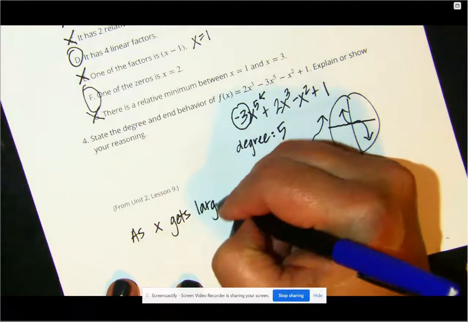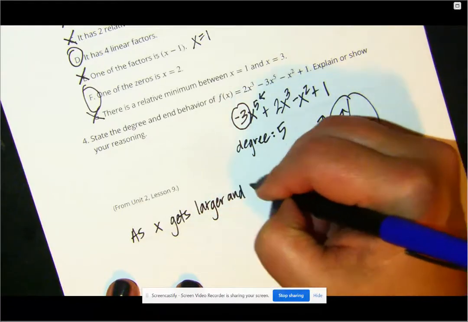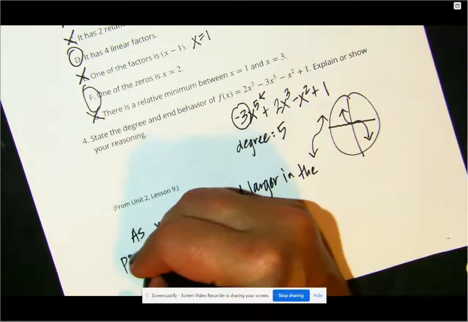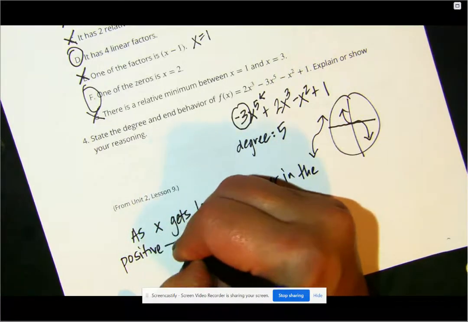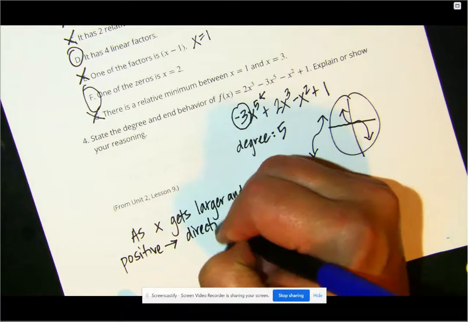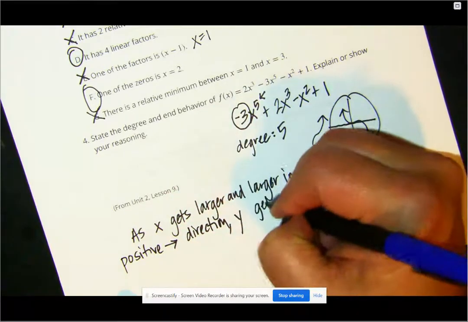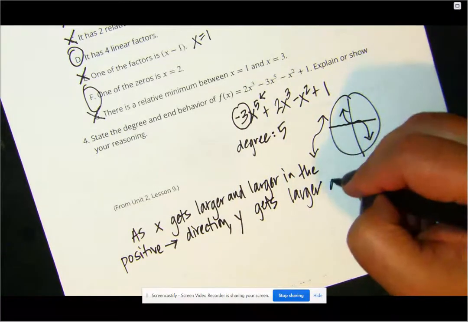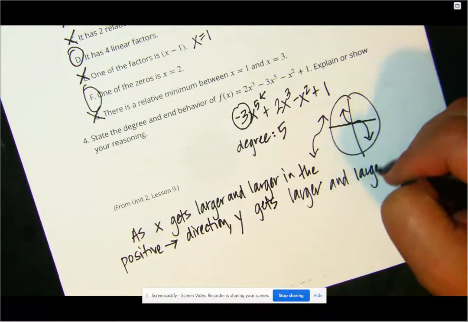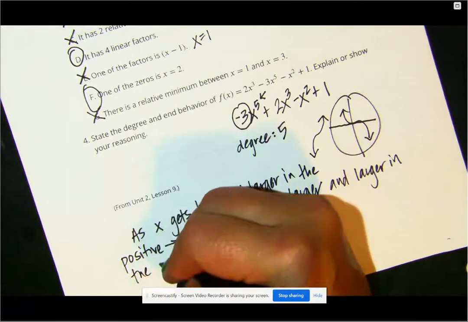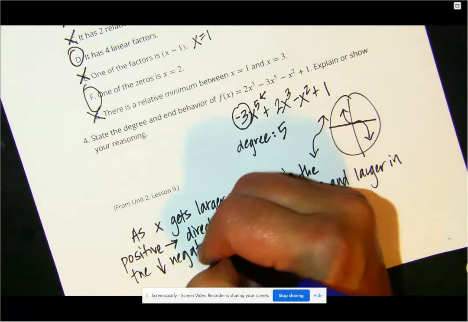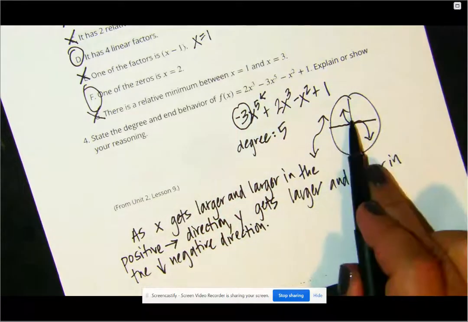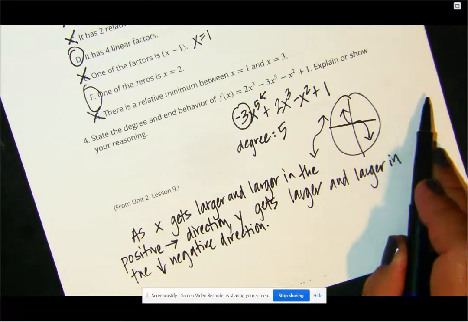So as x gets larger and larger in the positive direction, y gets larger and larger in the negative direction. That's as I'm going to the right, as x gets bigger and bigger in the positive.